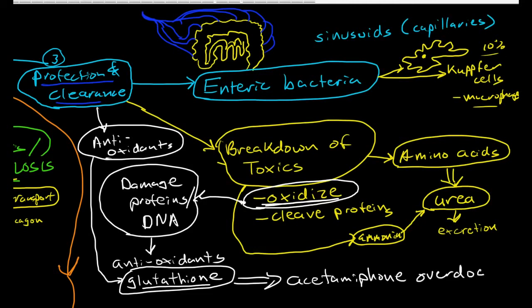It really is due to a rapid depletion of glutathione stores, and the liver becomes very prone to oxidative damage, and that can start to spread to other areas of the body as well.